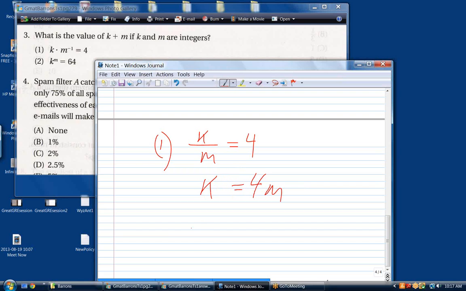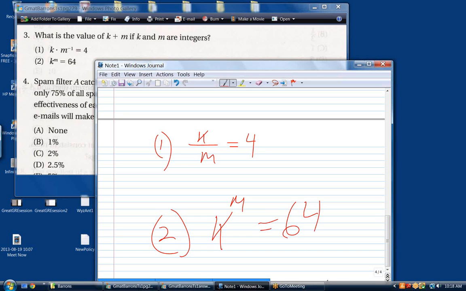So A and D are out. I usually just cross them out on my piece of paper because then I don't choose the wrong one.